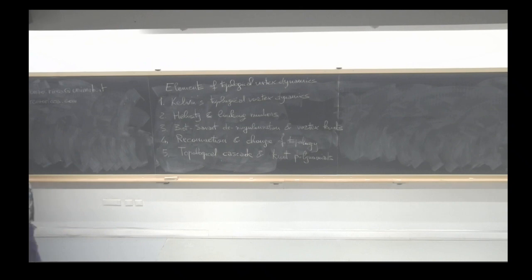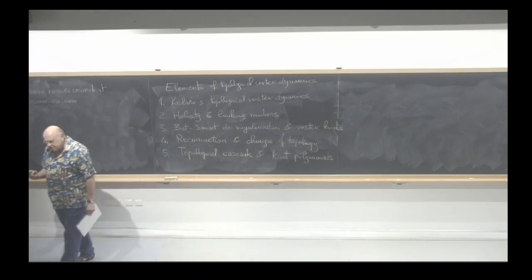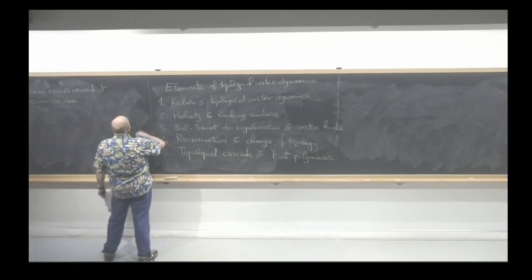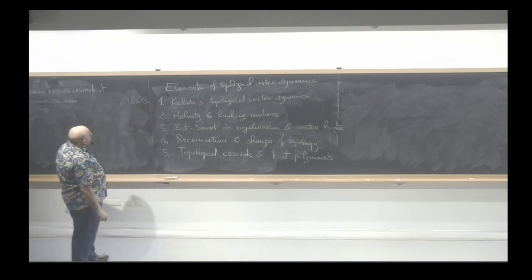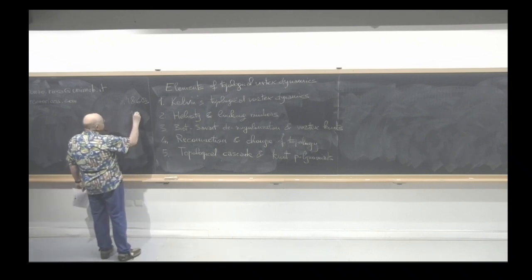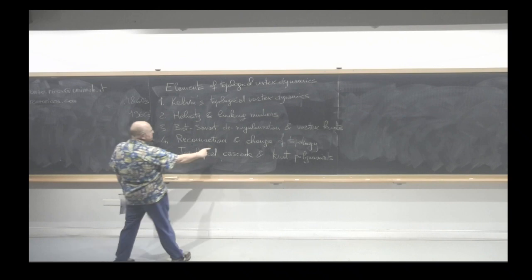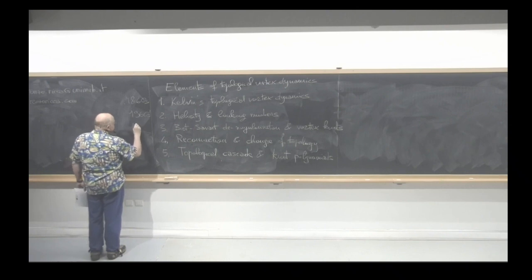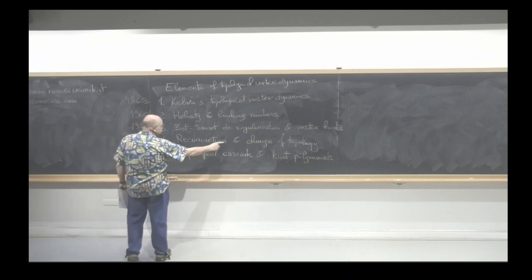Now, consistently with this, for school, it's very good to have a sense of history of science. So here we have more or less the 1860s, and then a jump of more or less 100 years to get to helicity. I will talk about that. 1960s, more or less. And then these desingularization techniques applied to Biot-Savart, etc., are from the 1970s, and then the focus on reconnection and change of topology.